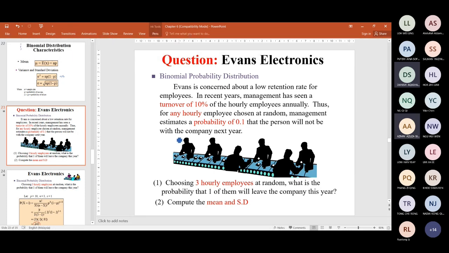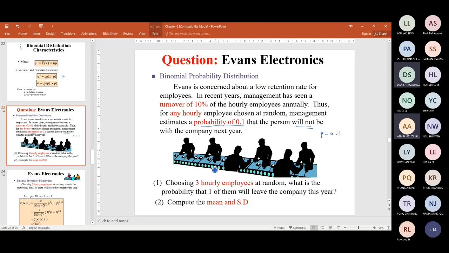We know the turnover is 10%, which is actually 0.1. It's the same meaning, turnover rate 0.1. So the probability is 0.1 that they're not with the company.